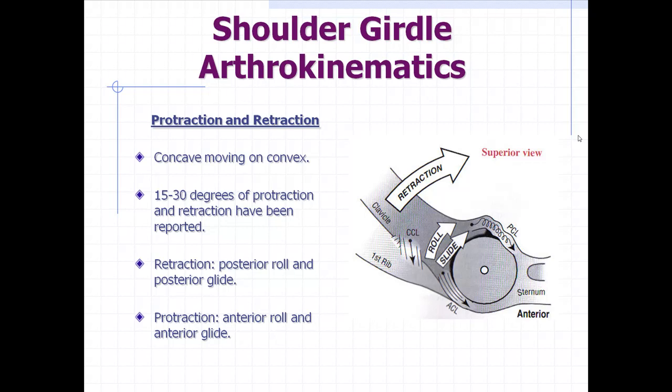So as the clinician observes the movement of retraction physiologically, the next thing to do is to assess the glide that occurs at the sternoclavicular joint. So an anteroposterior pressure is applied to the medial end of the clavicle. The opposite movements are true for protraction.